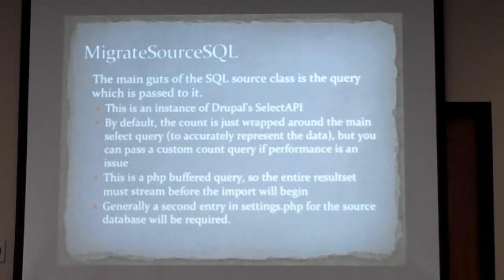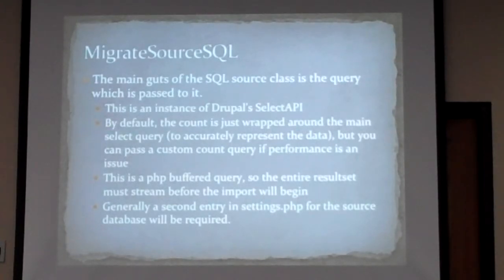So say you've got foo CMS in a MySQL database. You would use Migrate source SQL to say, okay, foo CMS is in a database that I can get access to. Basically all it does is it's a wrapper around Drupal's database select API. So if you do a DB select, that's really all that does. You pass it a query for that.